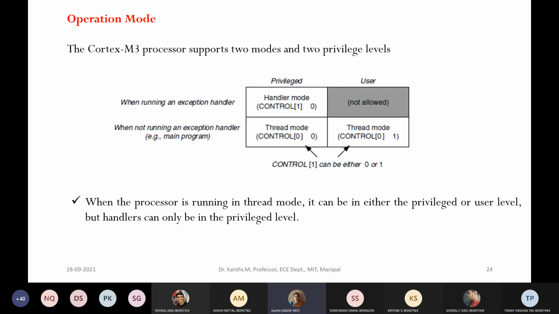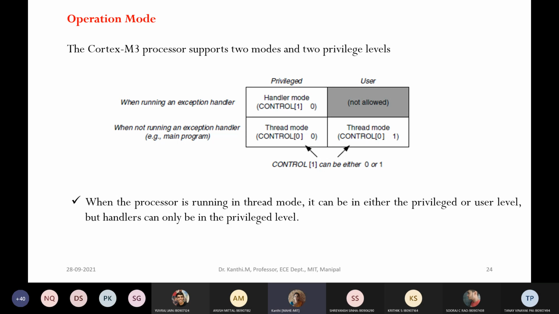As you can notice here, control bit 0 will be 0 in your privileged thread mode, and 1 in your user thread mode. Control bit 1 is 0 in your privileged handler mode.